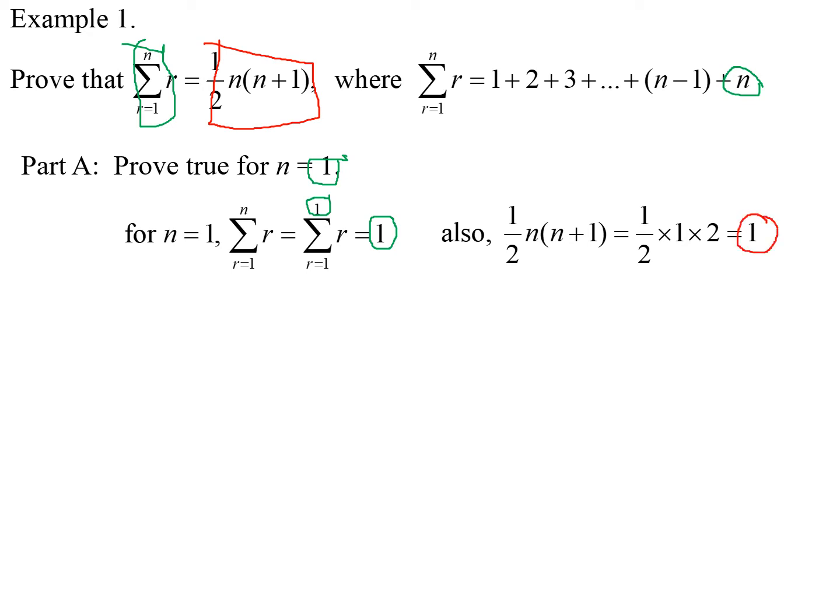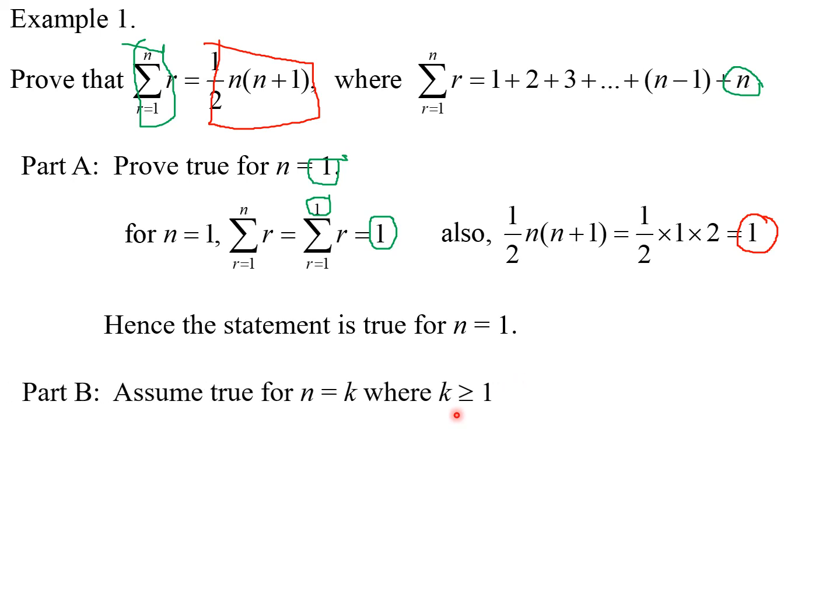So when you substitute n as 1, the left hand side value, which is sigma of r or sigma of any other function given, should equal the right hand side by substituting n as 1 as well. If it's 1 and 1 here, this simply means that the statement is true for n equals to 1. That is the first step for proof by induction.